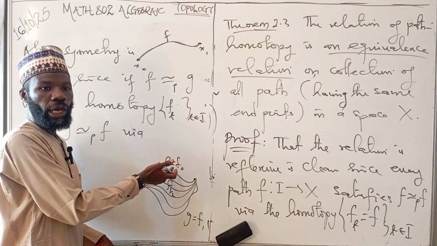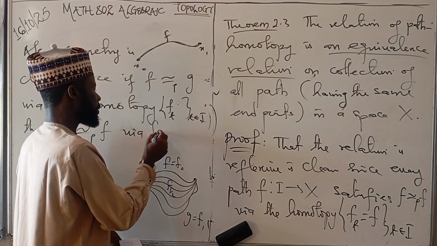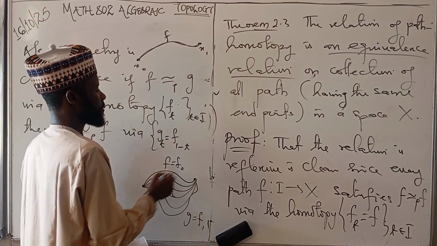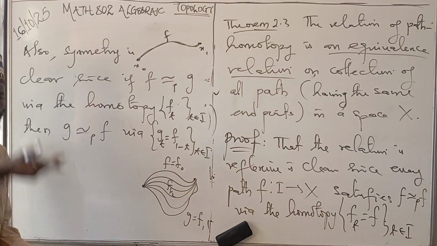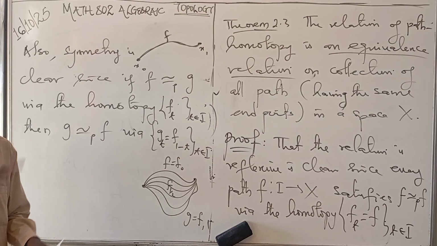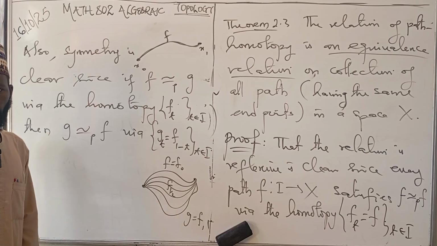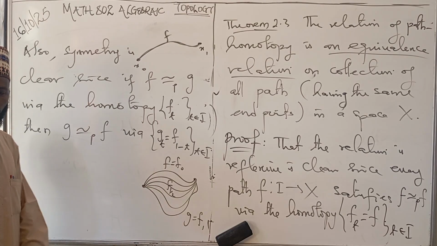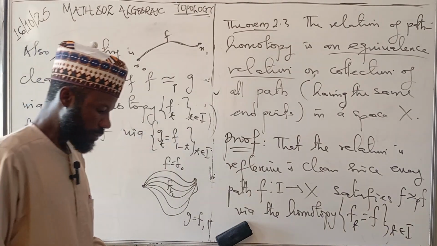F0 will now be F1. So you reverse the homotopy. So that homotopy will just be Gt equal to F1 minus t. That will be the one that will reverse the process over still the time interval 0, 1. I hope it's okay. And it's clear it will still be a homotopy. So it's very easy to check.